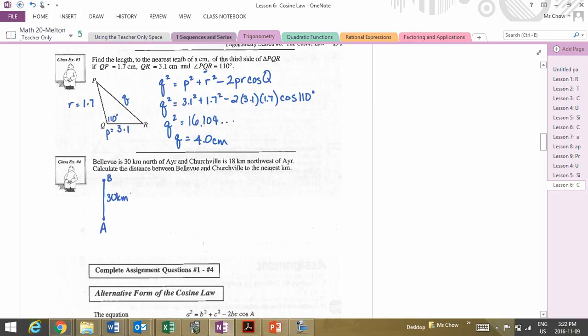Then we've got Churchville, which is 18 kilometers northwest of Ayr. So if we've got Bellevue being due north, due west is going to be this way. So northwest is going to be directly in the middle, and that's going at a 45-degree angle then. And we're going 18 kilometers.